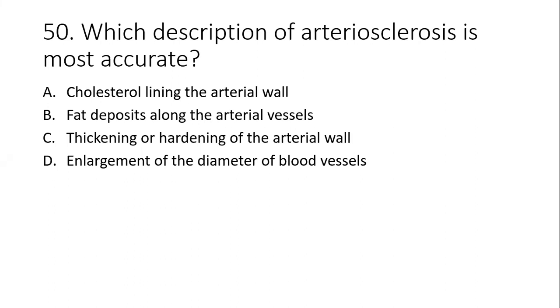It said something about fat deposits along the arterial walls and fat embolisms, but it didn't explicitly say so. With the term arteriosclerosis, sclerosis means hardening or thickening, and arterio being artery. So this one's just a term question.